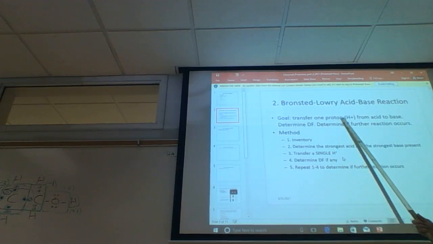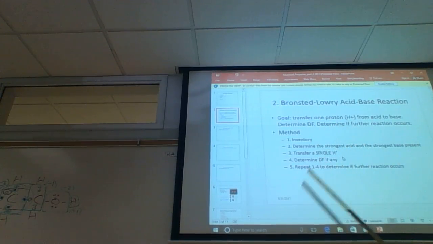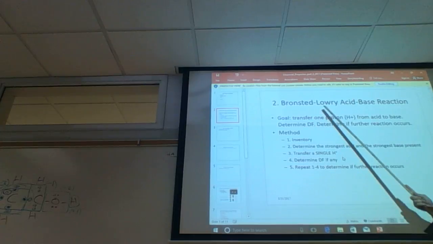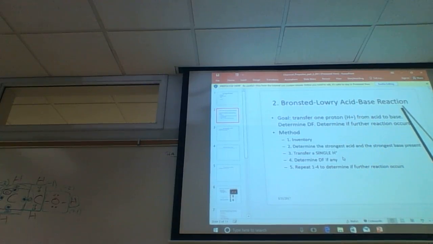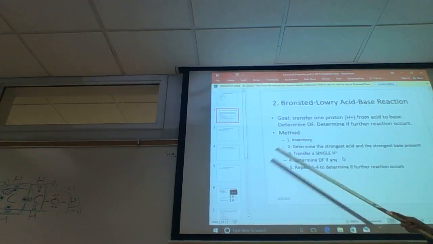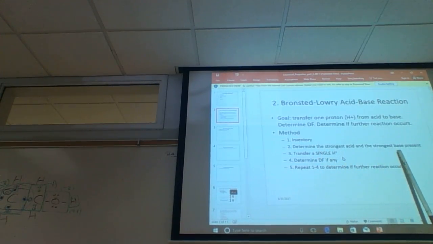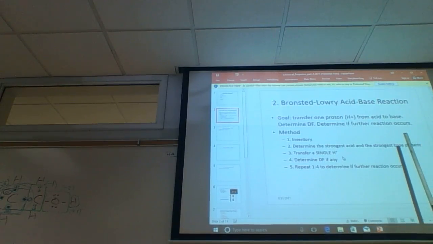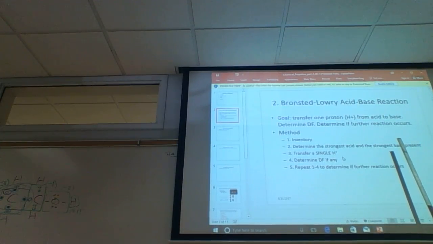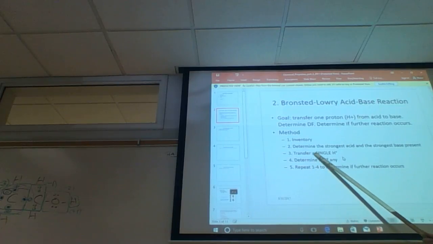A Bronsted acid is a proton donor, Bronsted base is a proton acceptor. And so when we do the Bronsted-Lowry acid-base method, we don't do complete reaction. What we do is we inventory it like redox, and then we determine the strongest acid and the strongest base, just like redox, except we use a different chart. We use the acid-base chart. And then we transfer a single proton.